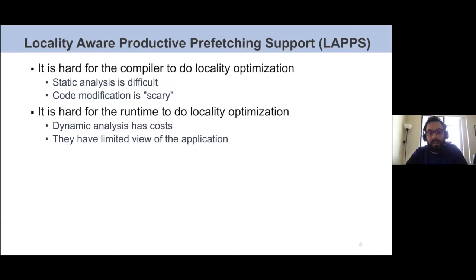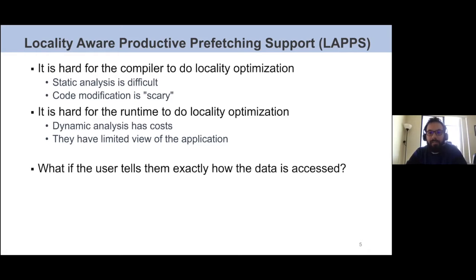Ultimately, it would rely on code analysis, either static or dynamic, which is either difficult or too costly. So the question that we are asking here is, what if the user tells the compiler, runtime, or the language stack exactly how the data is accessed, and lets the language stack handle the nitty-gritty details of data movement, memory consistency, and such.